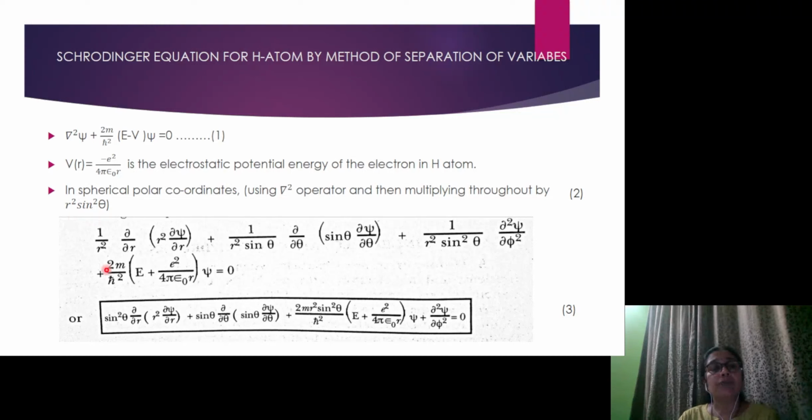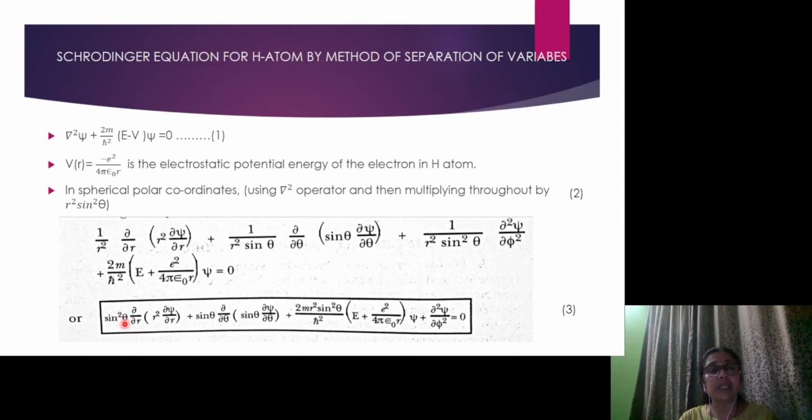Okay, so therefore we have multiplied both sides, that is LHS and RHS. On the RHS we have just 0. So multiply the complete equation with r square sine square theta. If we carry out this multiplication, we can see that this r square will get cancelled.